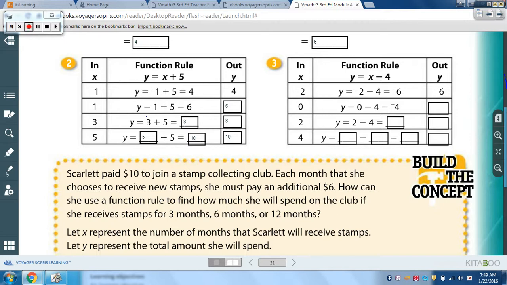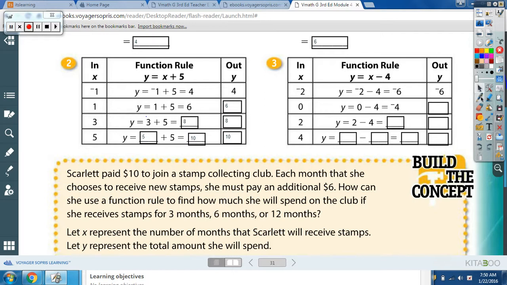Well, once again, we are subtracting, right? So what do we do with subtraction? We change subtraction to addition of the opposite. So our equation becomes, let's handwrite this where you can see it, -2 plus the opposite of 4, which is -4.